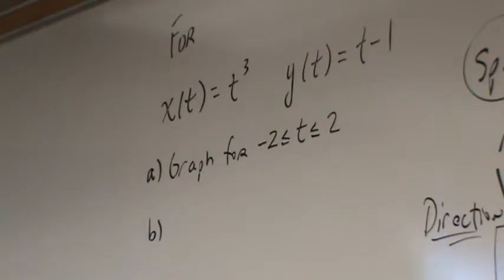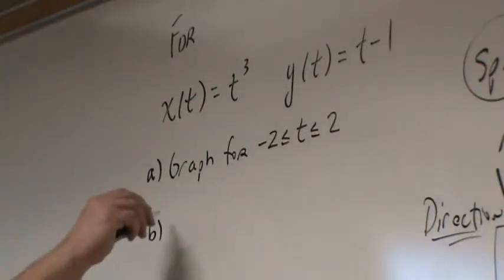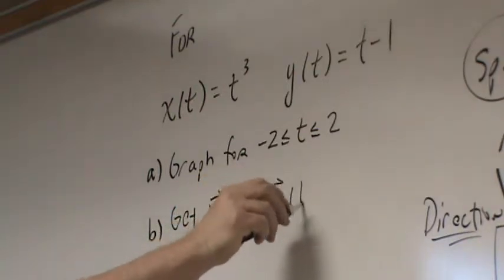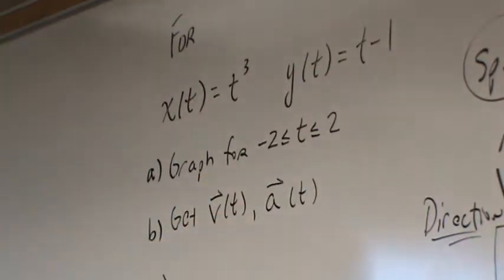Okay, here we go. You're going to graph this. Get v of t and a of t.